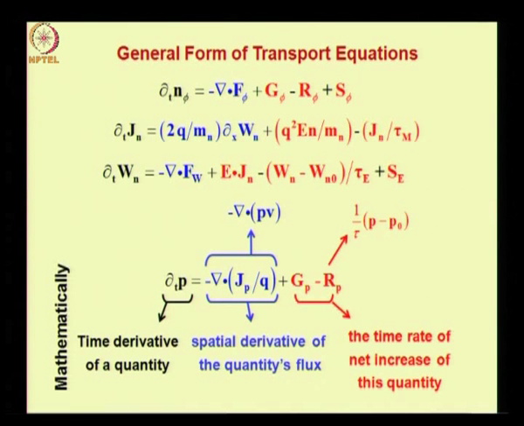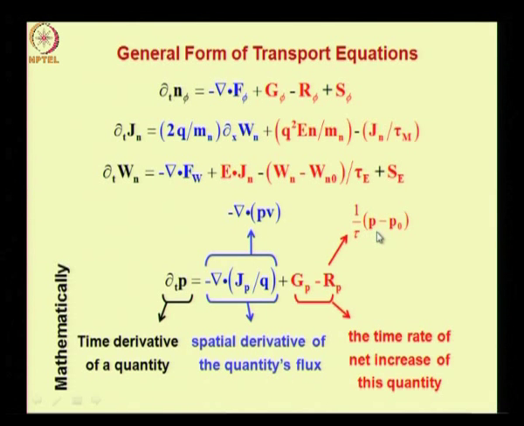Then you have the source term here, corresponding to the G phi term. You can see the field coming in here, so this is the contribution to the current due to the field. The R phi term translates to Jn by tau m, somewhat like this.